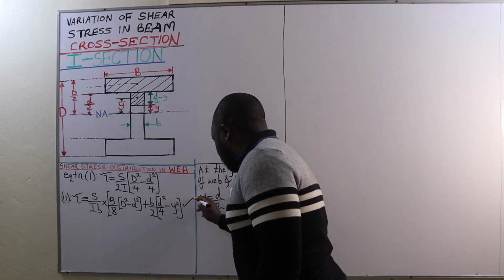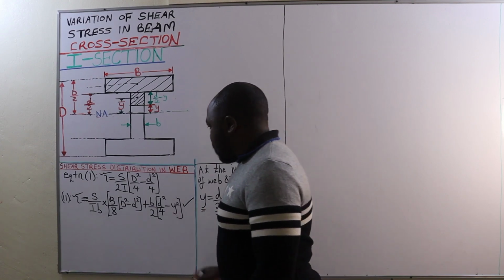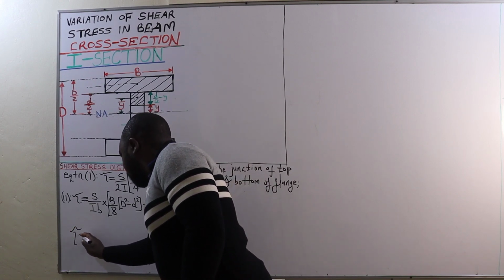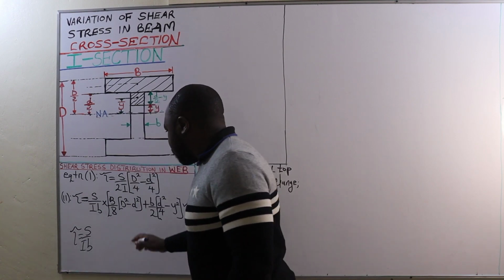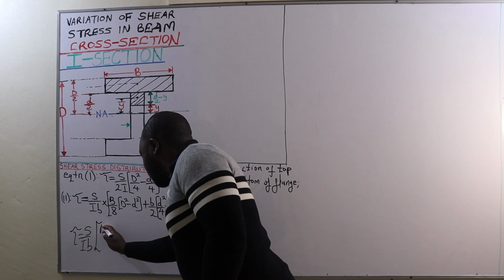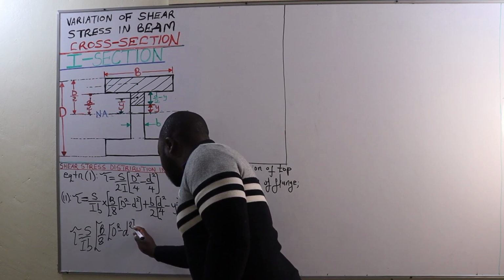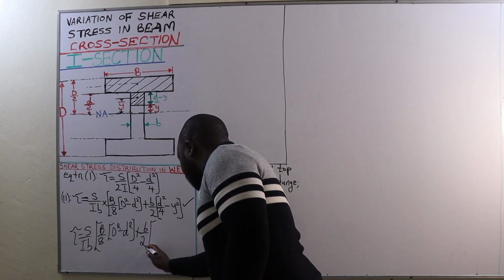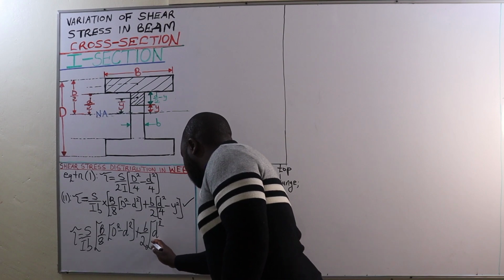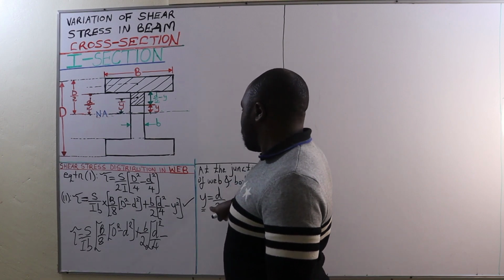Using this equation 2, substituting y equals d over 2 here, we are going to have shear stress equal to S over IB into B over 8 into d squared minus d squared plus B over 2 into d squared over 4 minus d over 2, that is y.